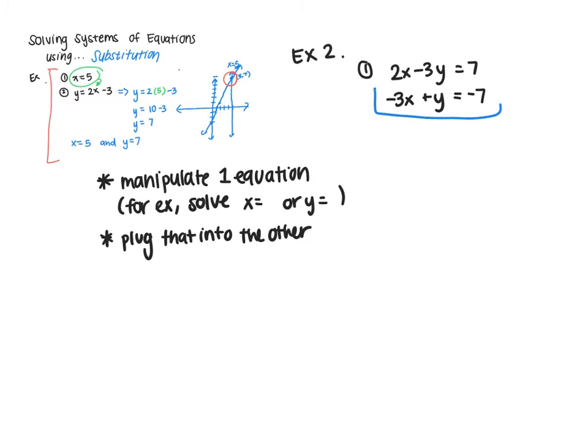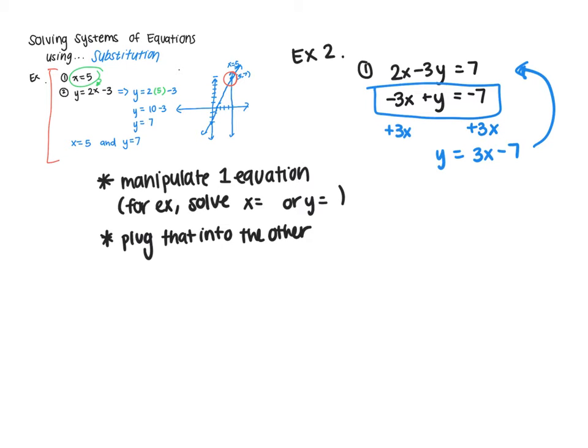So using this second equation, we can add 3x to both sides. And when we add 3x to both sides, we get y equals 3x minus 7. Now, even though this isn't a number, we can still use it to substitute into the first equation. So let's go ahead and do that.